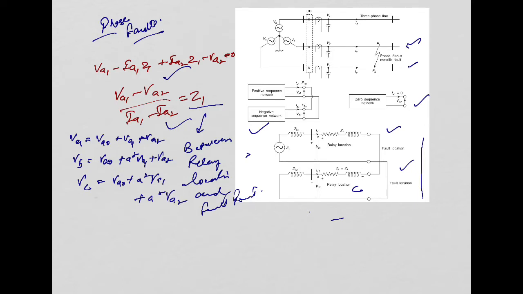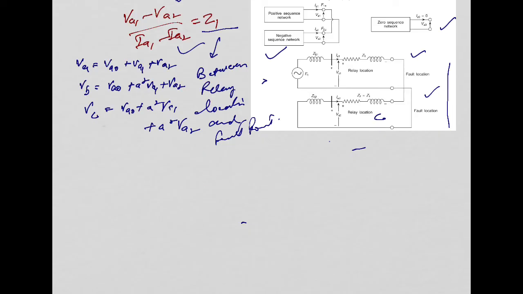Now we take the difference of VB minus VC.